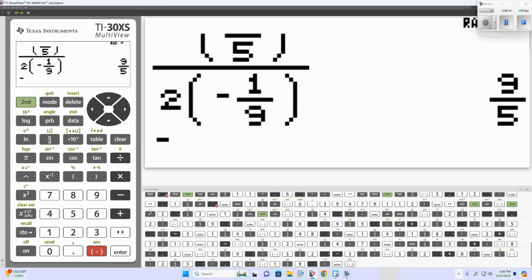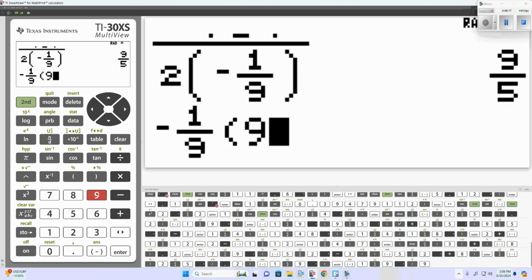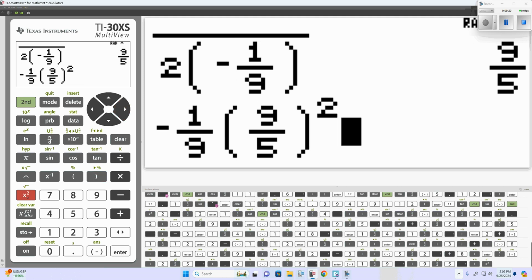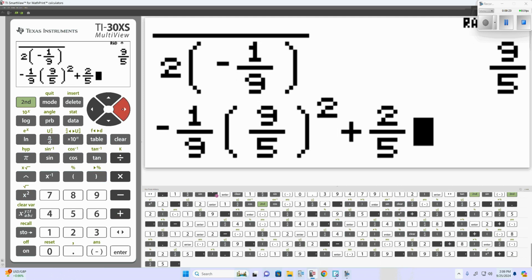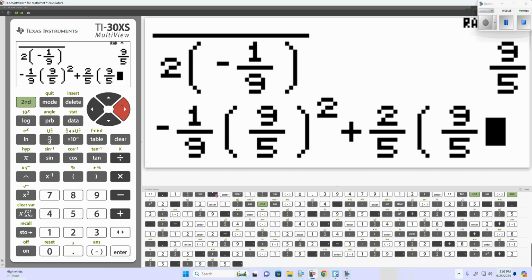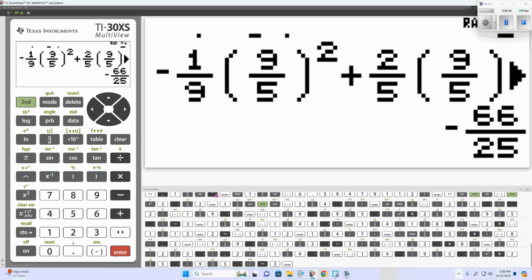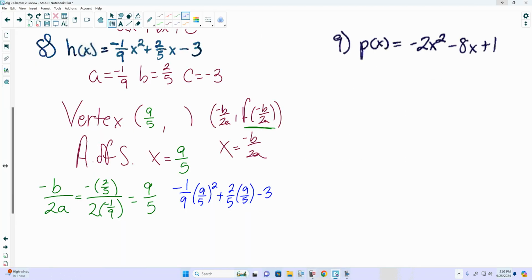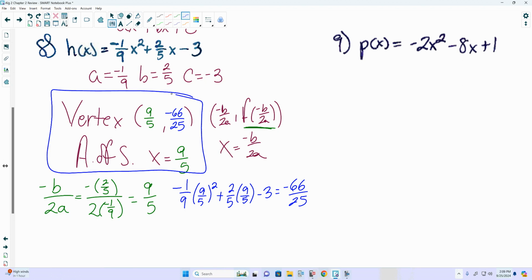And I take the calculator again, type the whole thing in just as you see it. Once you replace that with x, hit enter, it gives you the value: negative 66 over 25. And that's it.